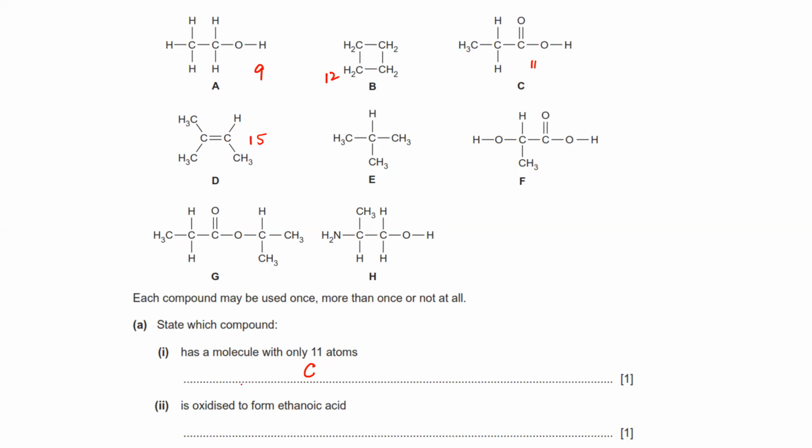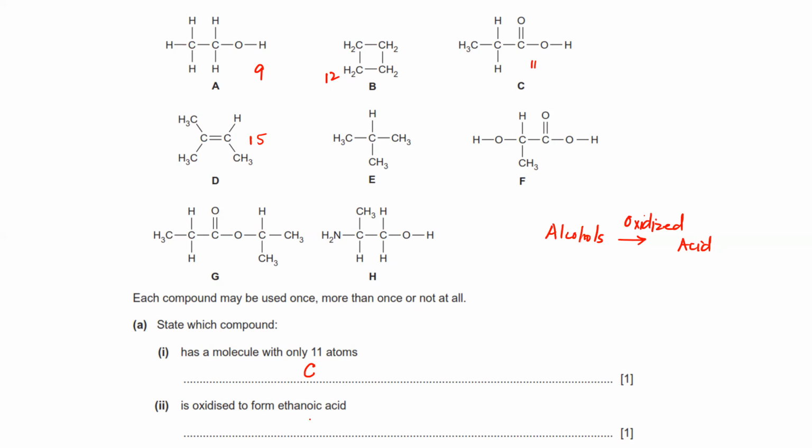Then it says question number A, part 2. State which compound is oxidized to form ethanoic acid. So remember, the oxidation of alcohols, when oxidized, they form acids.